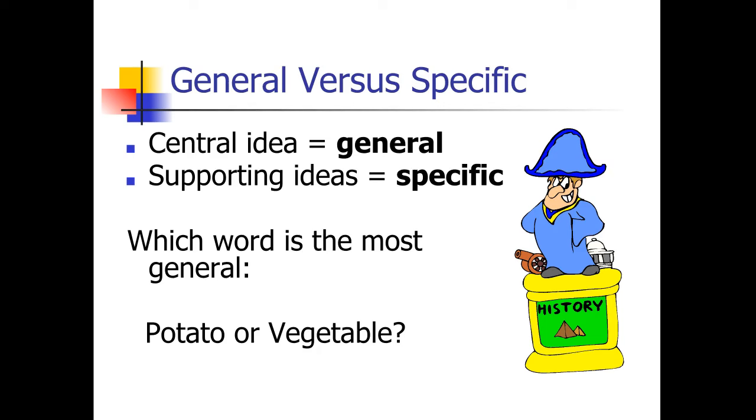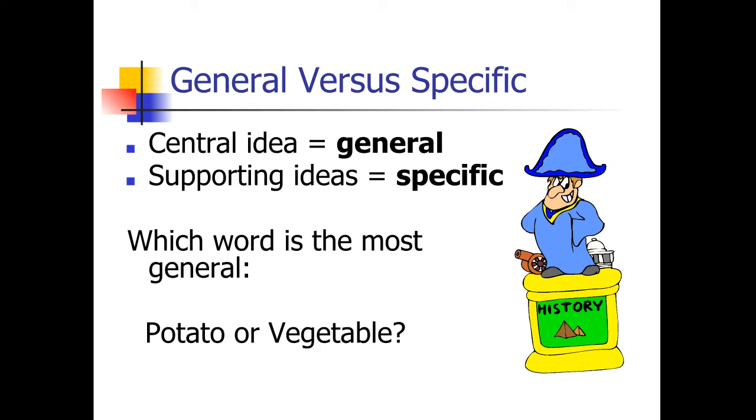Now, like I just said, central idea is general, supporting ideas are specific. So looking at this example, which word here is the most general? Potato or vegetable? Hopefully you know that vegetable is the more general word. If I say the word vegetable, you probably envision tons of different types of vegetables.